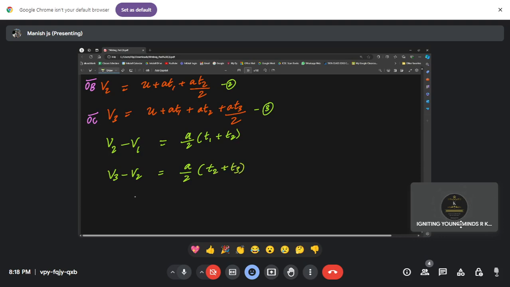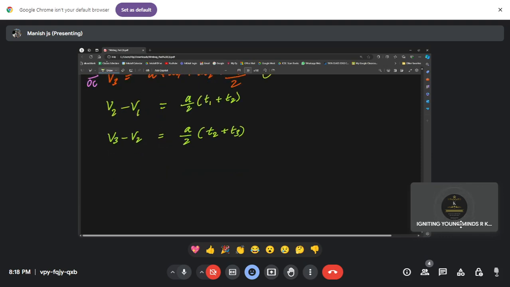So these are the values that you will be getting. Once you have the differences of velocities, you just need to find the ratio now. Marking these as equation number 4 and equation number 5, we want basically 4 upon 5.